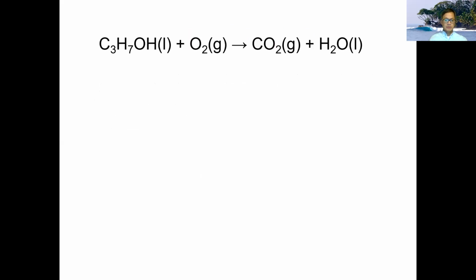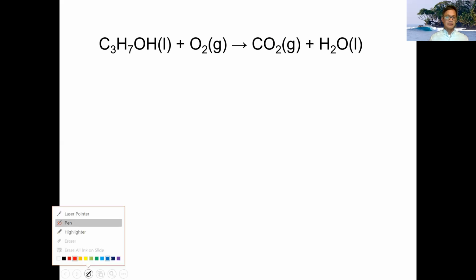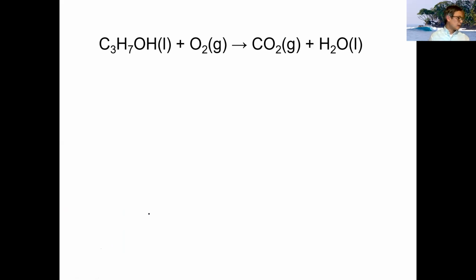Okay. So let's take a look at the equation here. Hopefully you recognize that the equation here is not balanced. So you've got to make sure you balance the equation. I'll leave it up to you to try to balance that. But in order to balance this equation, remember, this is a combustion reaction. So balance the carbons first, then the hydrogens and the oxygens.